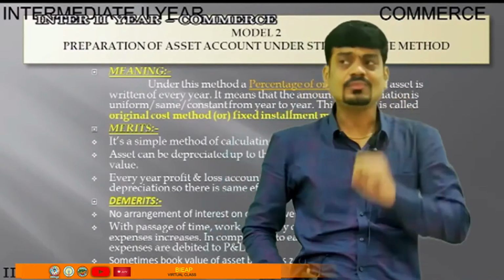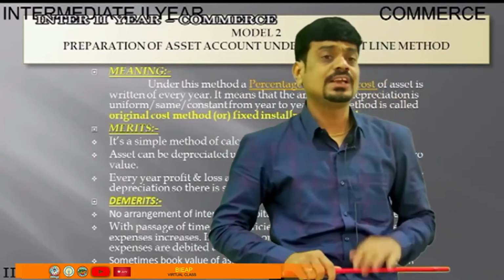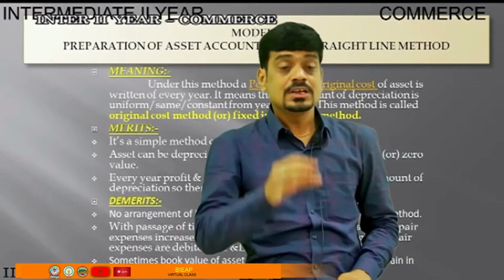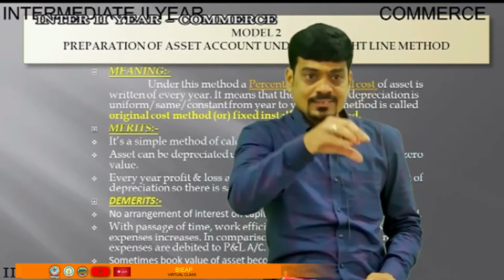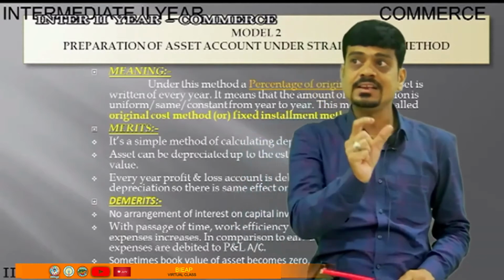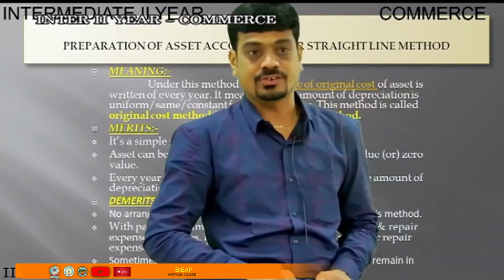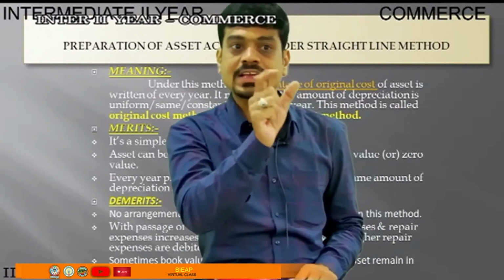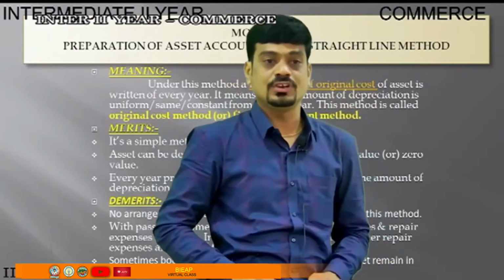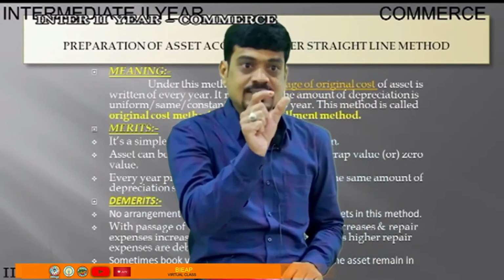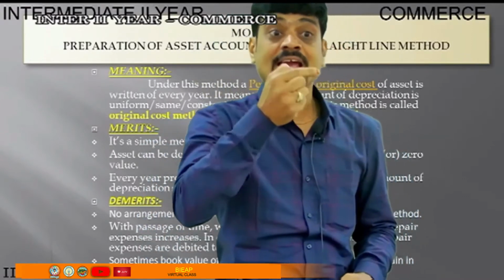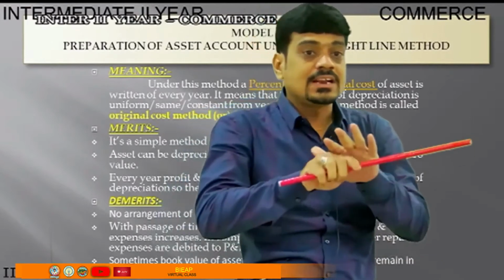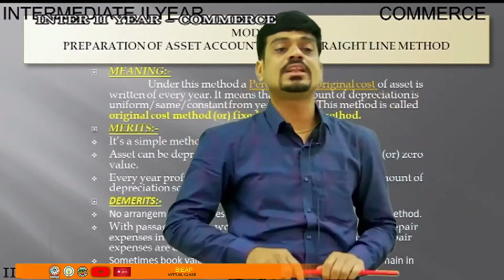So here when we talk about the straight line method of depreciation, the meaning of straight line depreciation says that in this method, a percentage of original cost, already we have seen the concept of original cost, is taken as depreciation and that will remain constant throughout the life of the asset.